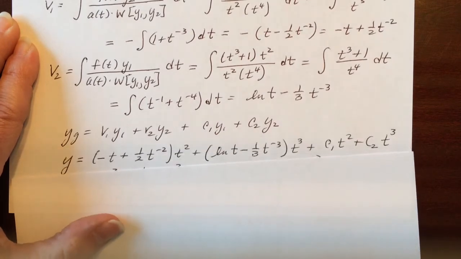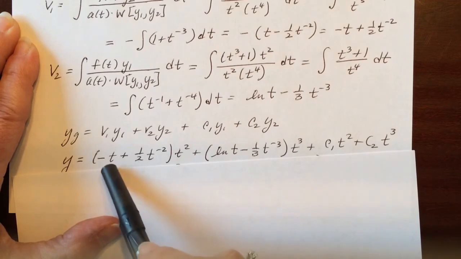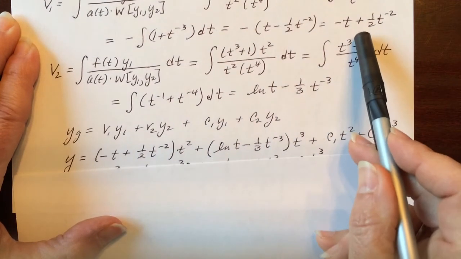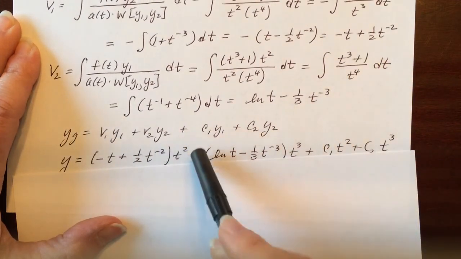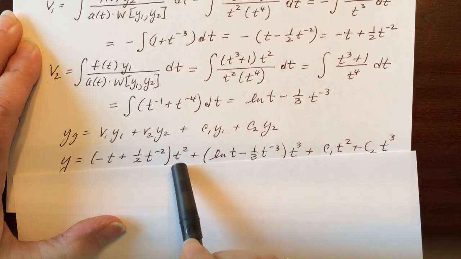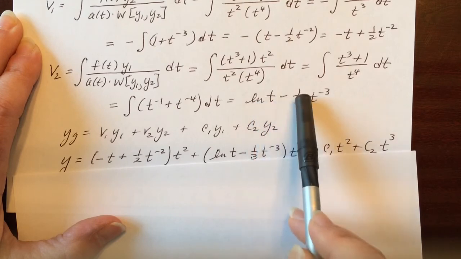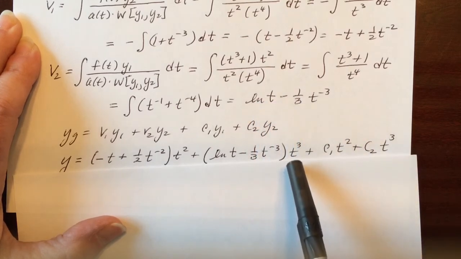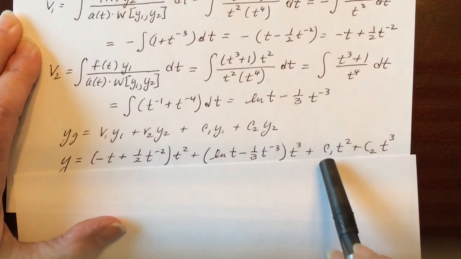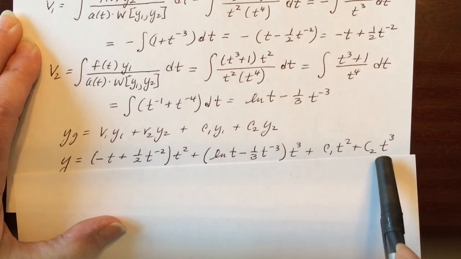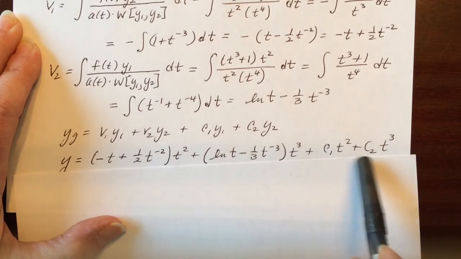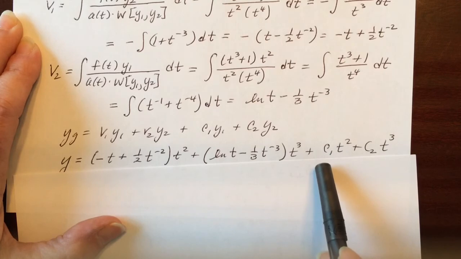We will go ahead and put those in. This is our v1 that we found right here, and our y1 was t squared. This is our v2 that we found right here, times y2, plus c1 y1 plus c2 y2. So these are our two unknowns, our two constants.